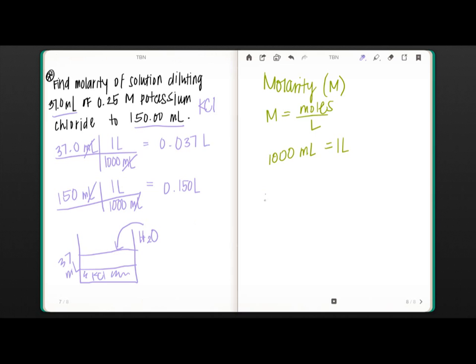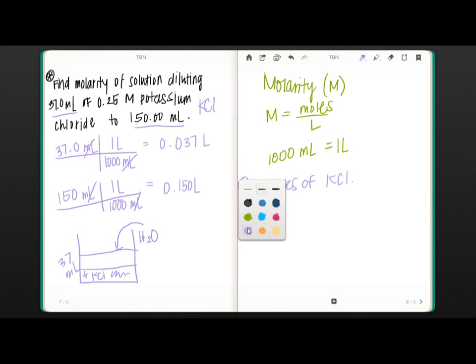Like I said, I'm going to find the moles of potassium chloride. You can count this as your first step once you have converted everything. So find moles of KCl, aka potassium chloride. To do that, you calculate with the information you're given.